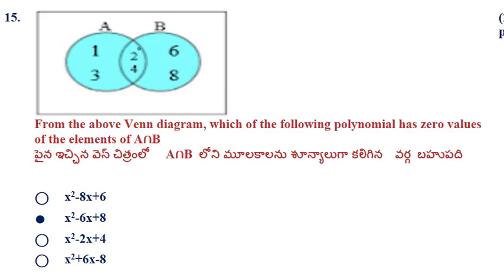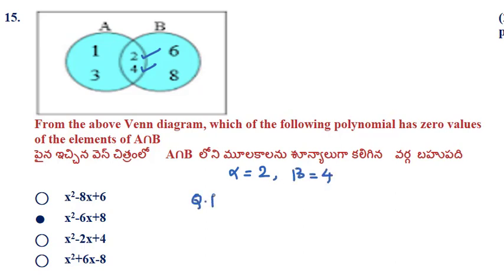Here a Venn diagram is given and the elements of A intersection B are 2 and 4. Now we have to find the quadratic polynomial whose zeros are 2 and 4. Already we know that alpha equals 2 and beta equals 4.